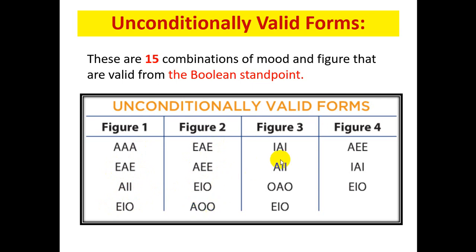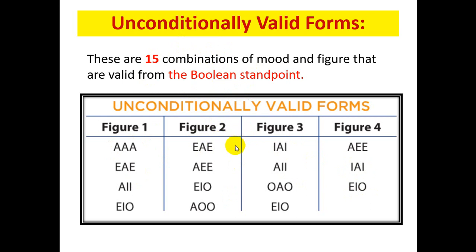For figure 3, we have IAI, AII, OAO, EIO. For figure 4, we have AEE, IAI, EIO. These are 15 combinations which are always valid from the Boolean standpoint, no problem.